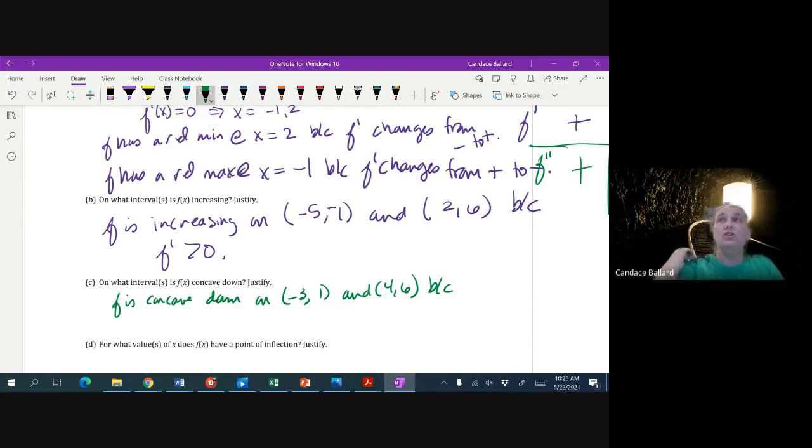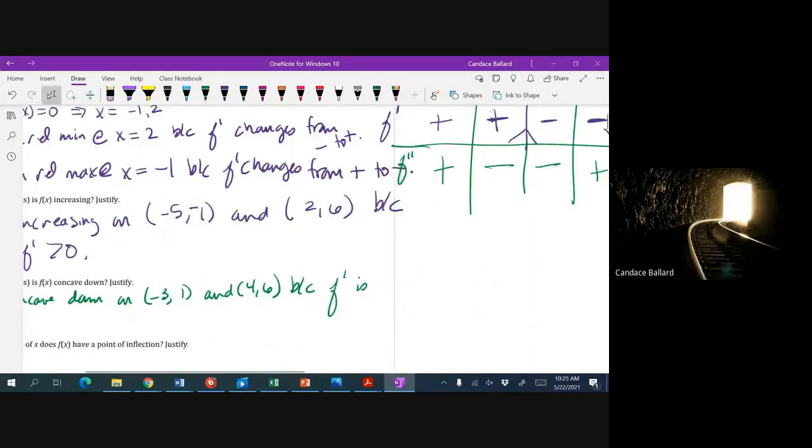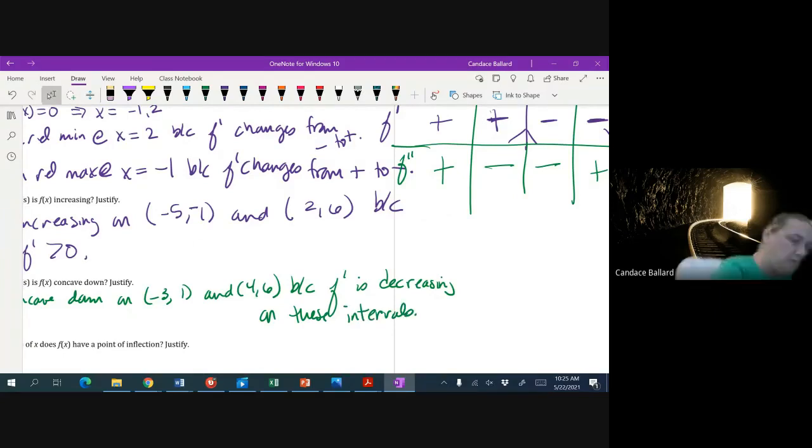If we don't, we need to make a connection between F prime and what F double prime's relationship is to it. Okay, so this I always think is the easier explanation because F prime is decreasing, because that's what the negative means, decreasing on these intervals, to make my sentence complete as math people are going to make a sentence.